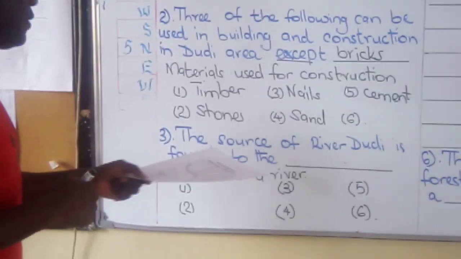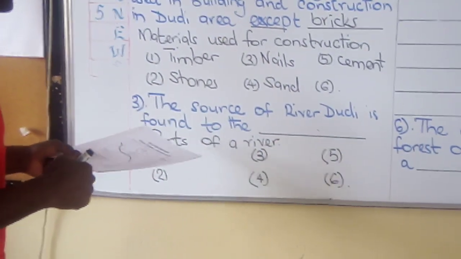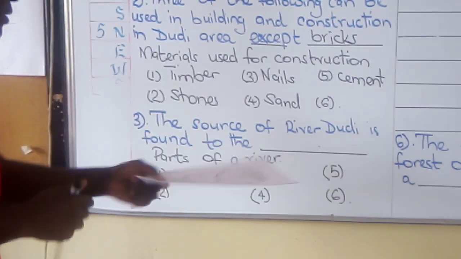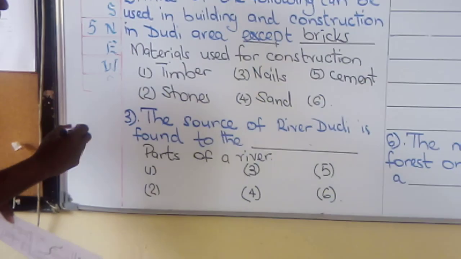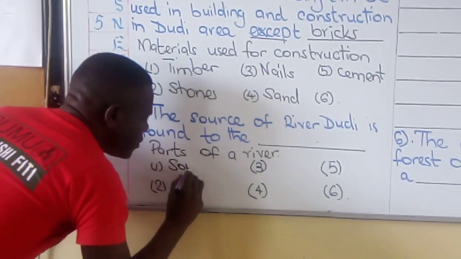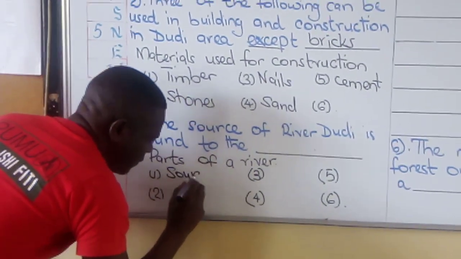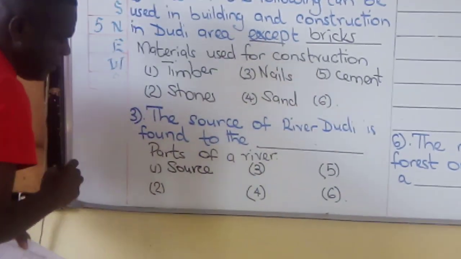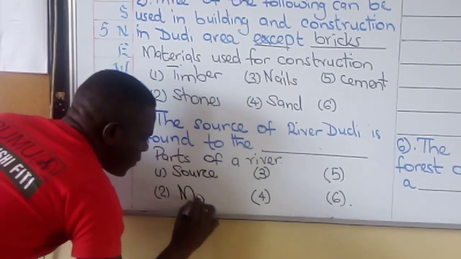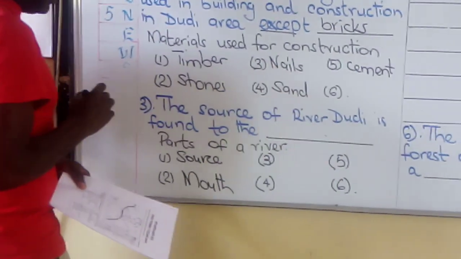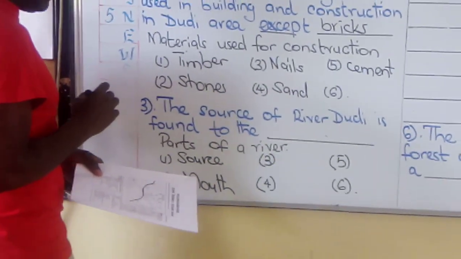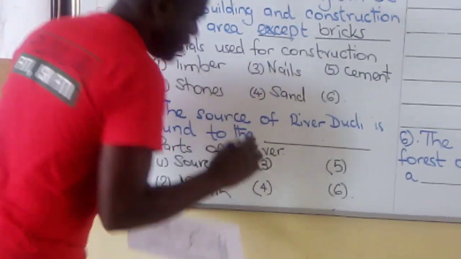Number 3, the source of river Dudi is found to the dash. Now, parts of a river, endeavor to write their parts of a river. We've got the source. Source is a part of a river. The mouth of a river. Then another part of the river, we've got the tributaries.